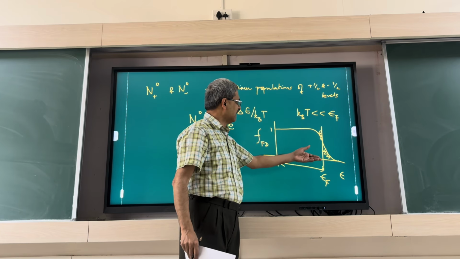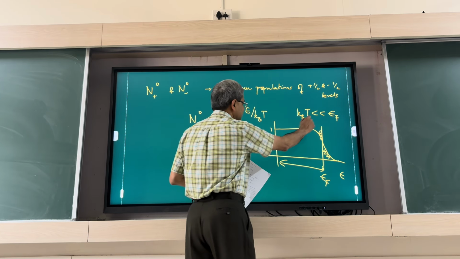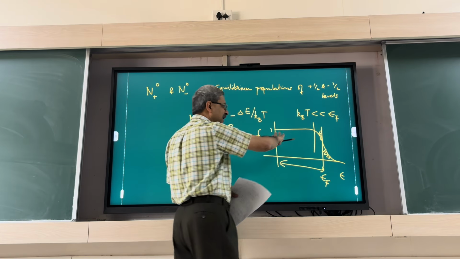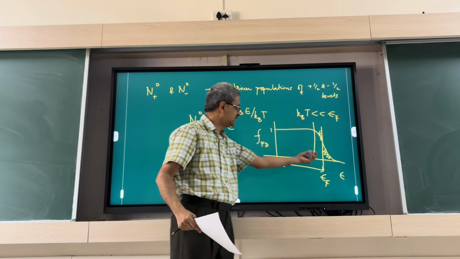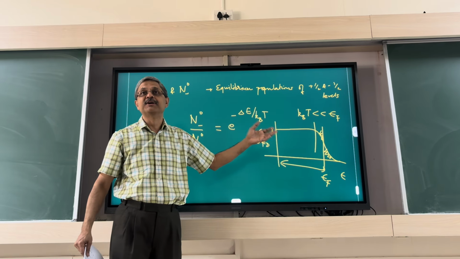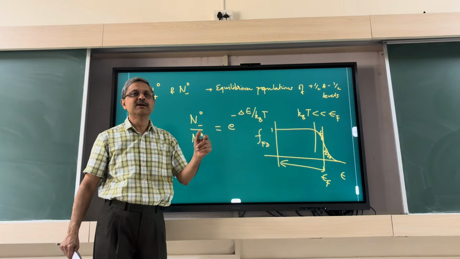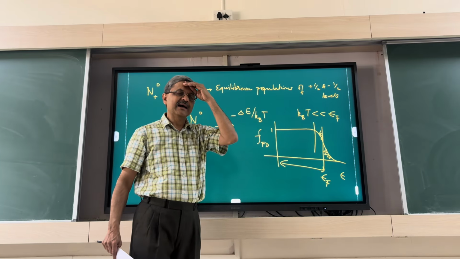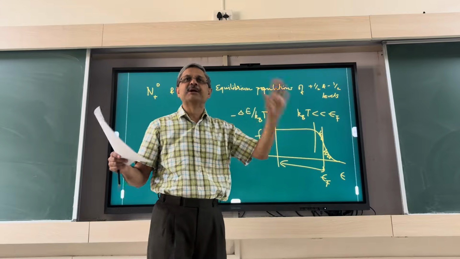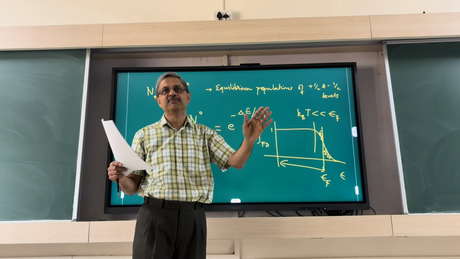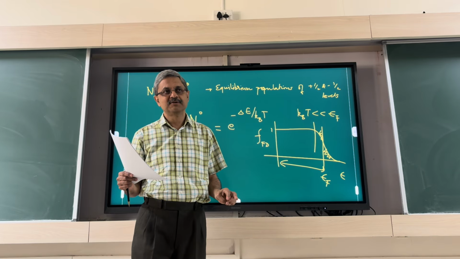You don't need to consider states which are well below the Fermi level. It's only those states in some narrow range here which contribute. So this is like the extreme quantum limit in some sense. A metal at room temperature can be treated as a Fermi gas at 0 temperature, where you really have to consider the quantum nature.